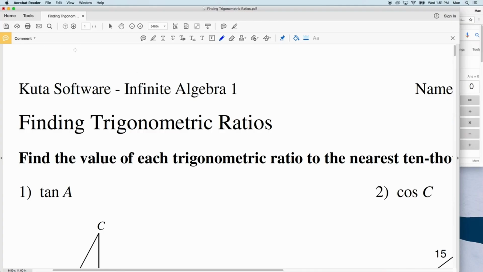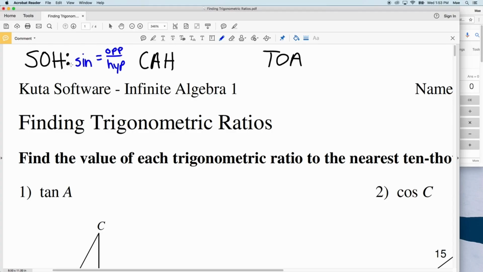Before we do that, I want to discuss SOHCAHTOA. SOHCAHTOA will help you remember what sides of the right triangle you're going to be using. So, think sine equals the opposite side over the hypotenuse.